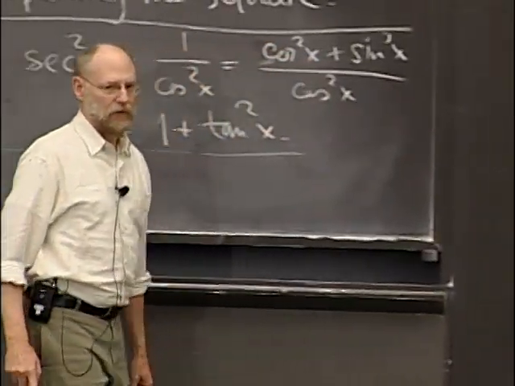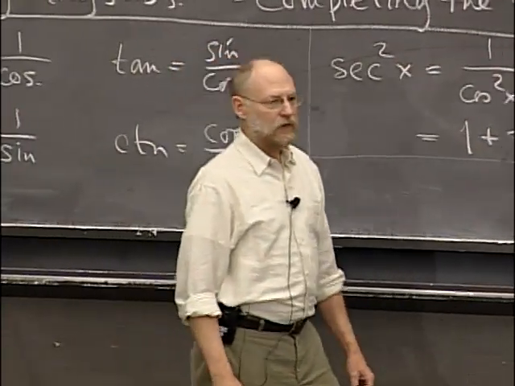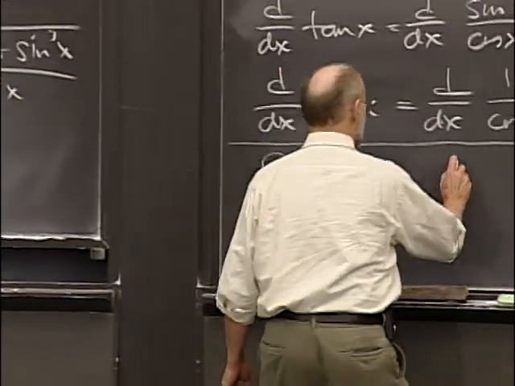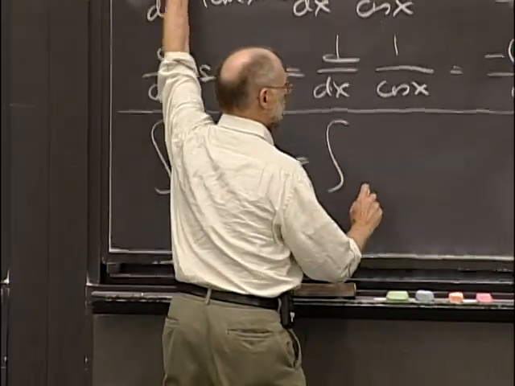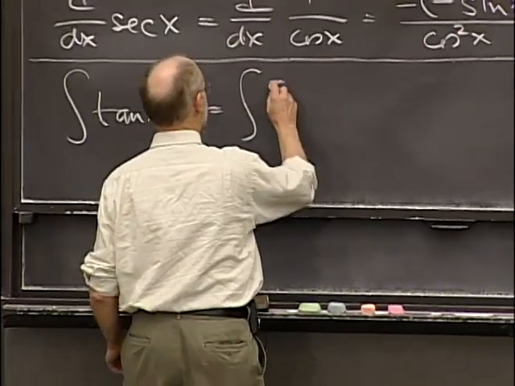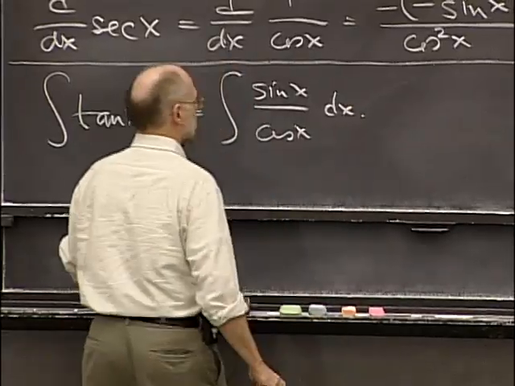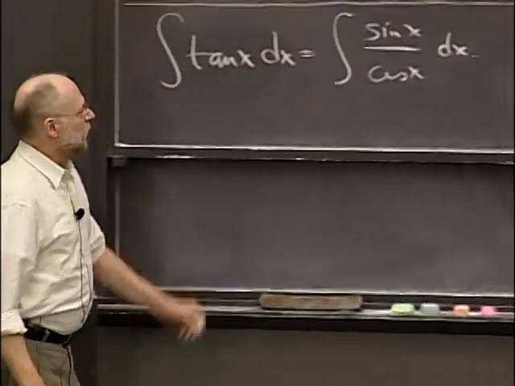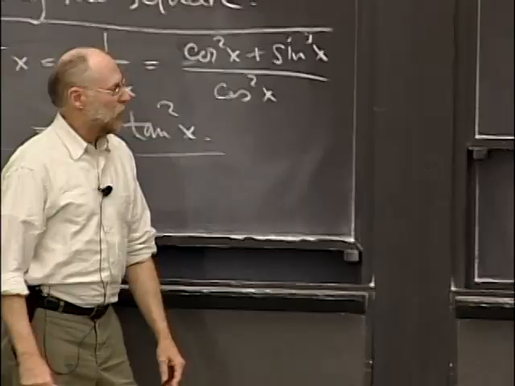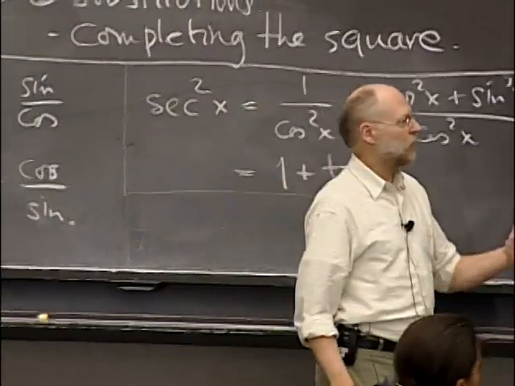Just do this straight out. So the tangent is the sine divided by the cosine. Now there's a habit of mind that I hope you get into.